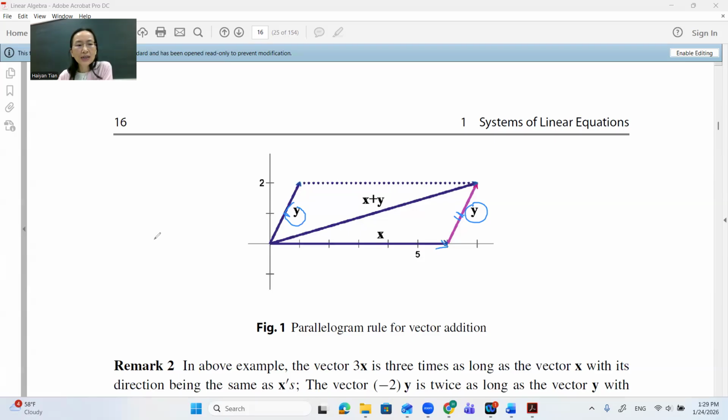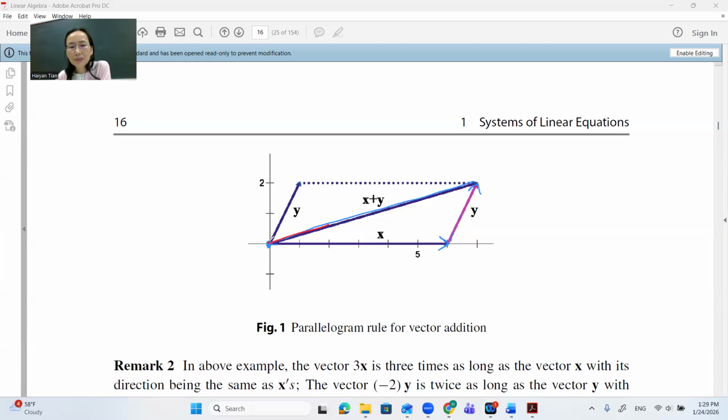So if we look at the x vector, and then this is a shifted y vector, starting from the starting point of x and pointing to the tip of y, that is the sum.